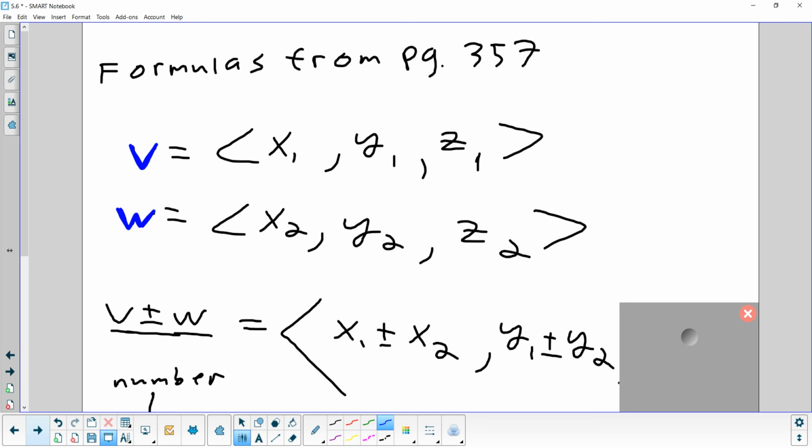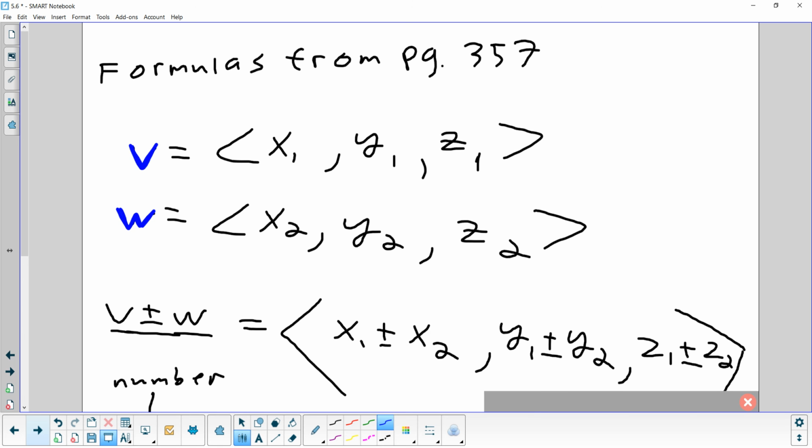So, John? What else, what do you think's under that box? Z1 plus Z2. Okay, so now we have to add the z-axis components. I also put subtraction in the same formula.